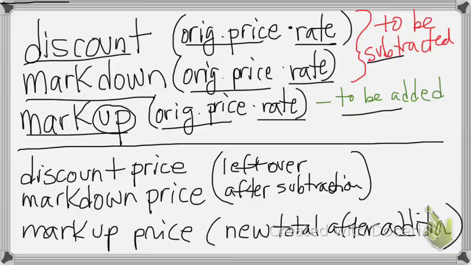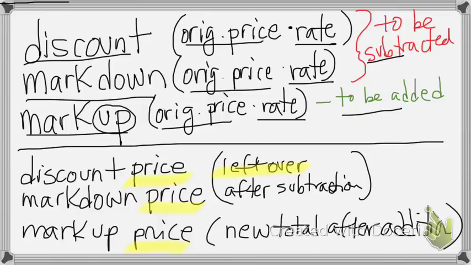So now we look down here at price, and whenever you see price, they may ask you, what is the discount price? What is the markdown price? What is the markup price? Or they might say, what is the price after markup? What is the price after markdown? Whenever you see that word price, in the case of a discount and a markdown, you're going to talk about leftover.